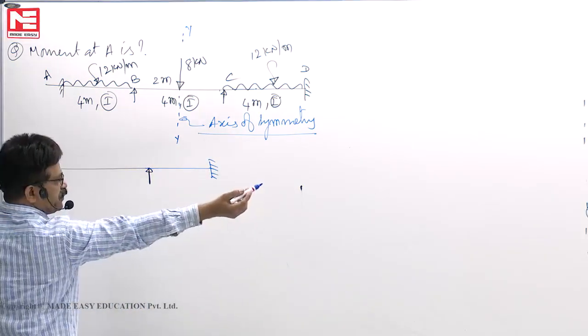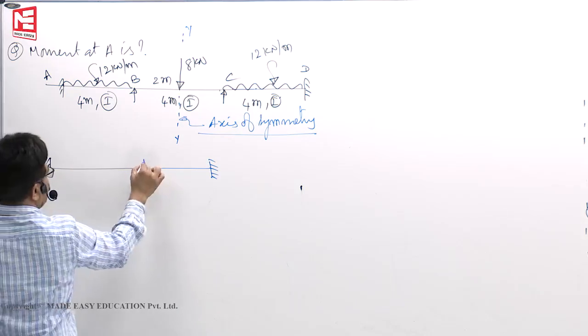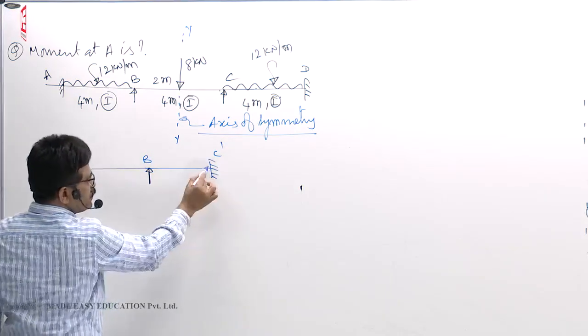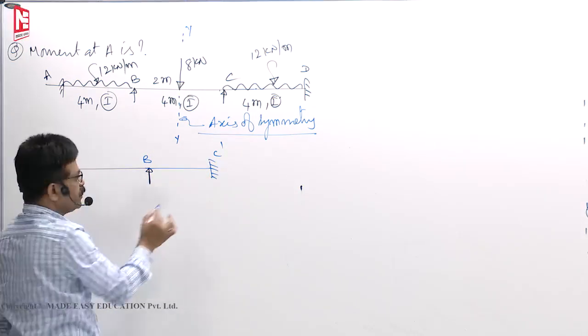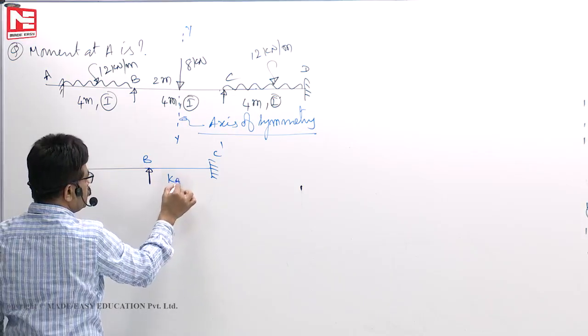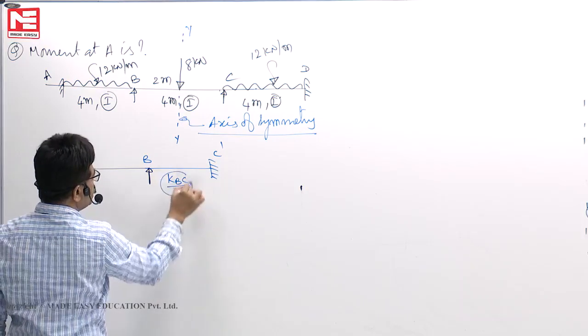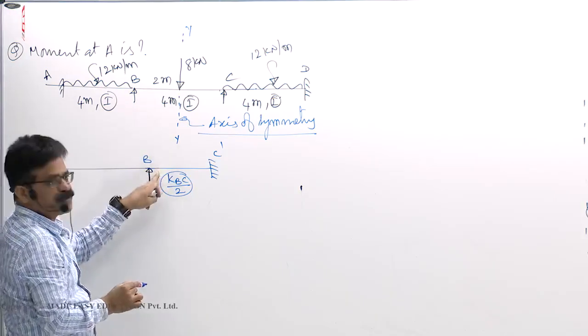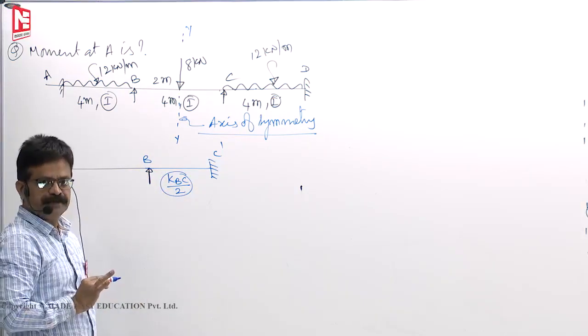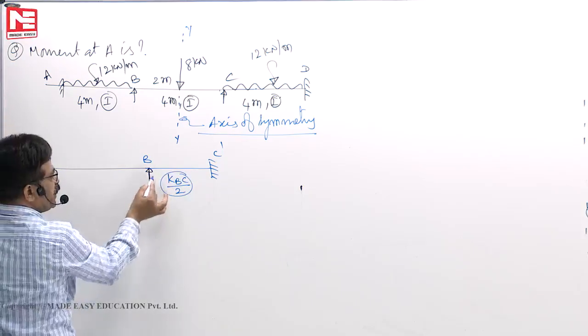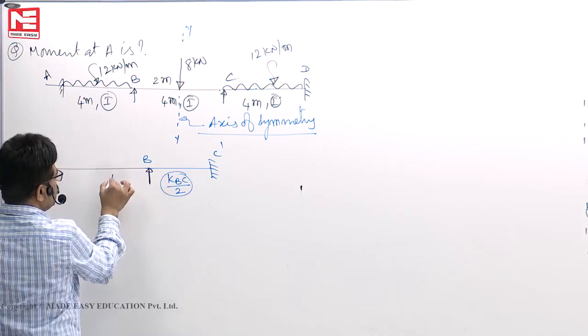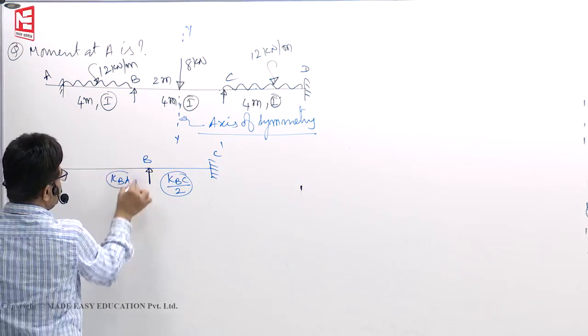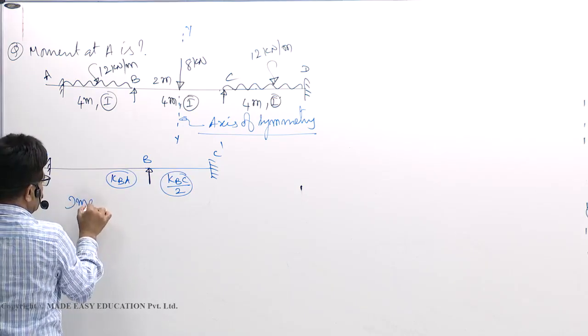As I have explained to you earlier, BC dash is an independent beam. We simply attach it, whose stiffness is KBC by 2, so that whatever end moment you apply, the stiffness is the same. KBC by 2, same slope for the same moment I will get. KBA as it is. This is your imaginary beam.